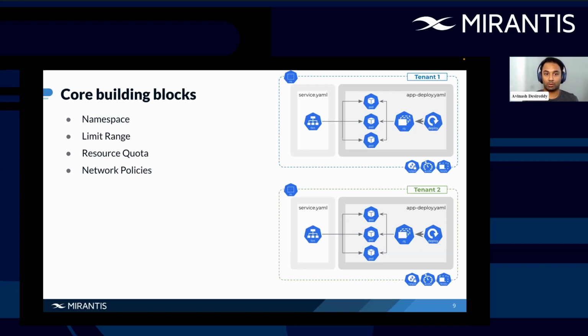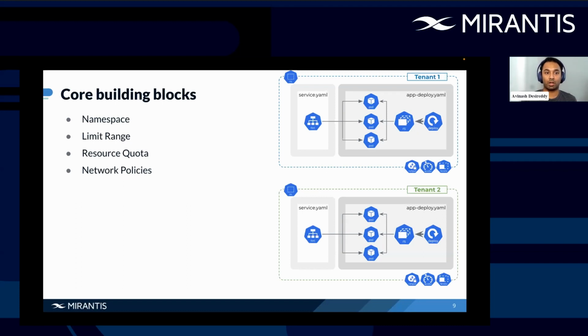One of the core, foundational resources is the namespace. With the help of a namespace, we can group all our objects. Every object that we create belongs to a namespace, and all the naming is tied to that particular namespace.